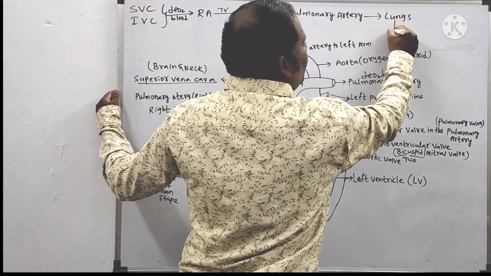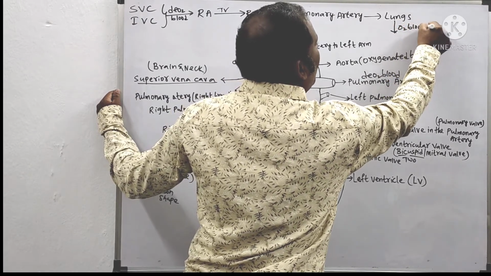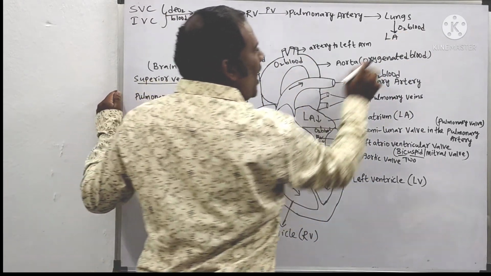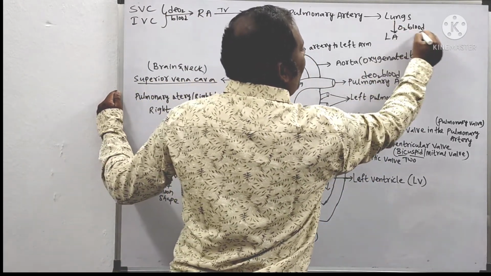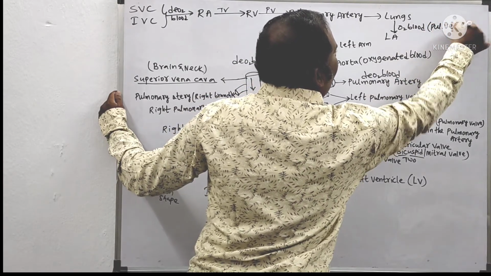From there that oxygenated blood will come into the left auricle. How does it come? It comes with the help of the pulmonary vein.